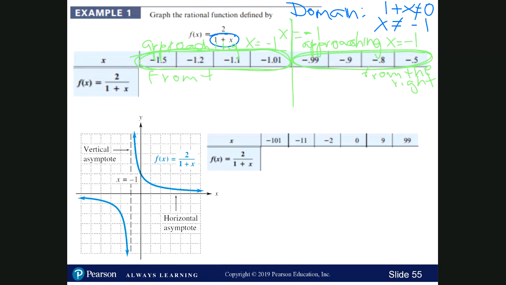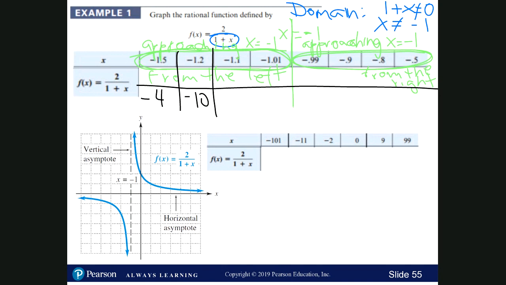Now we're going to write down what the function values will be for these particular x values. So for x equals negative 1.5, we'll have negative 4. For x equals negative 1.2, we'll have negative 10. Then we will have negative 20.